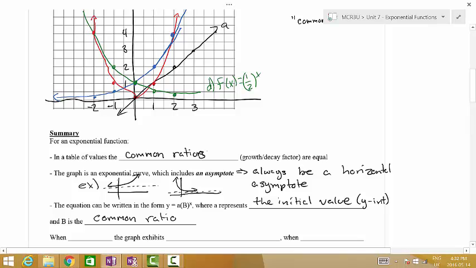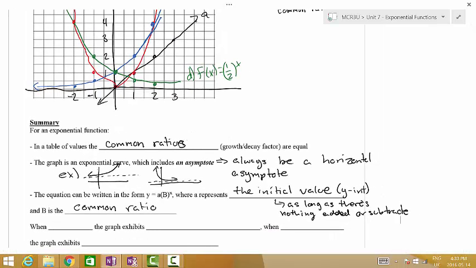Now the initial value is only the initial value as long as there's nothing added or subtracted on the end. So in that equation, a times b to the x, there's nothing added or subtracted on the end. We are going to look at equations later on where there is something added or subtracted, and there's something else that we have to do to find the initial value.